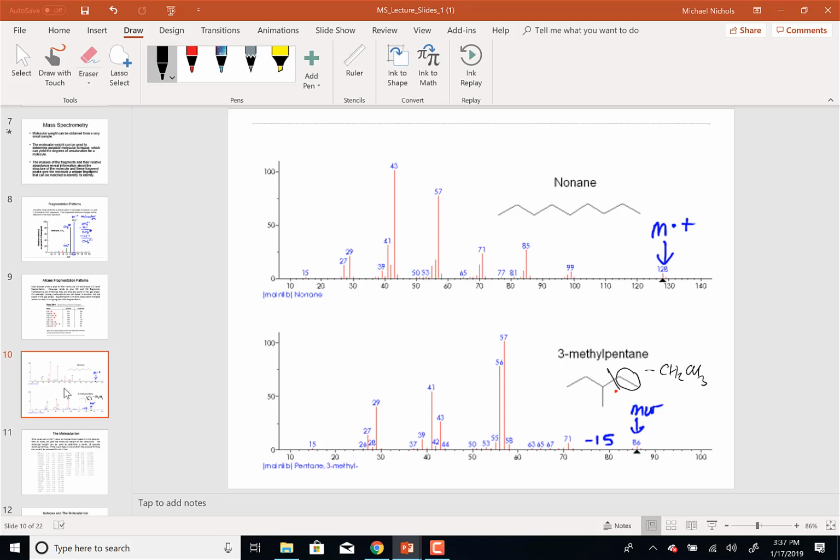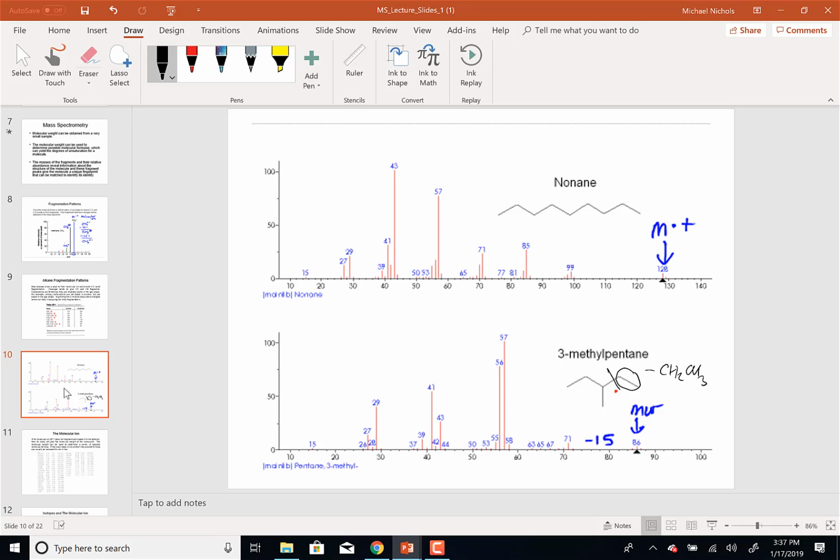So this was a loss of 29. For this one, going from 86 to 71, I lost 15. What's 15? Carbon and 3 hydrogens. So you can begin to see, you can work this from both ends. You can say, okay, what in this molecule weighs 57? Or what in this molecule weighs 71? Or you can say, I'm starting with an 86, what can I lose to get to 71?